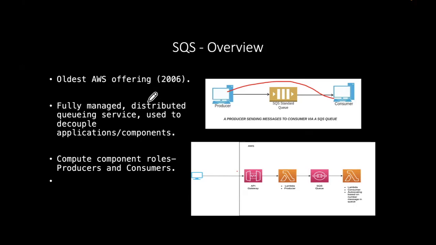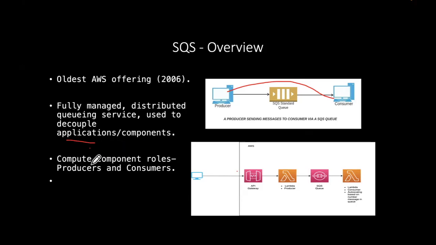Similarly, there's distribution being performed by SQS, as we'll see. So it's a fully managed distributed queuing service used to decouple applications and components. It was originally for decoupling entire applications, but more generically, it's for decoupling any kind of compute components.